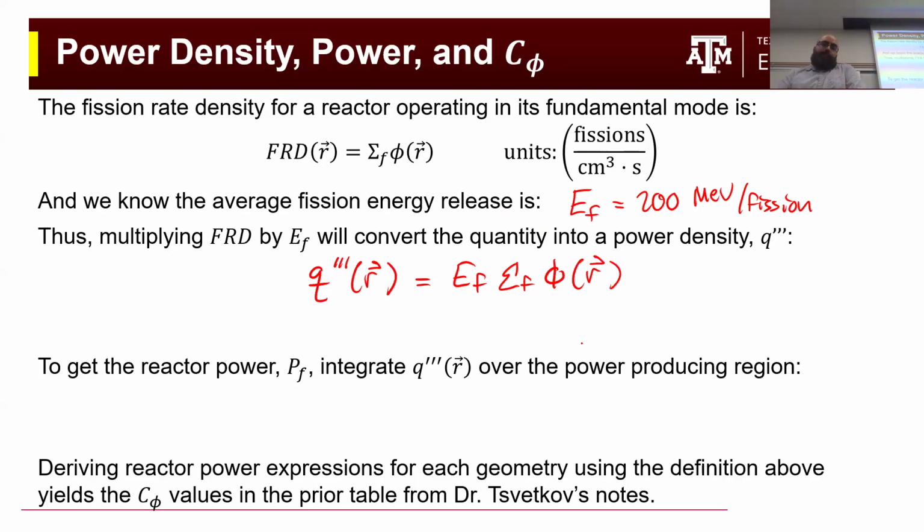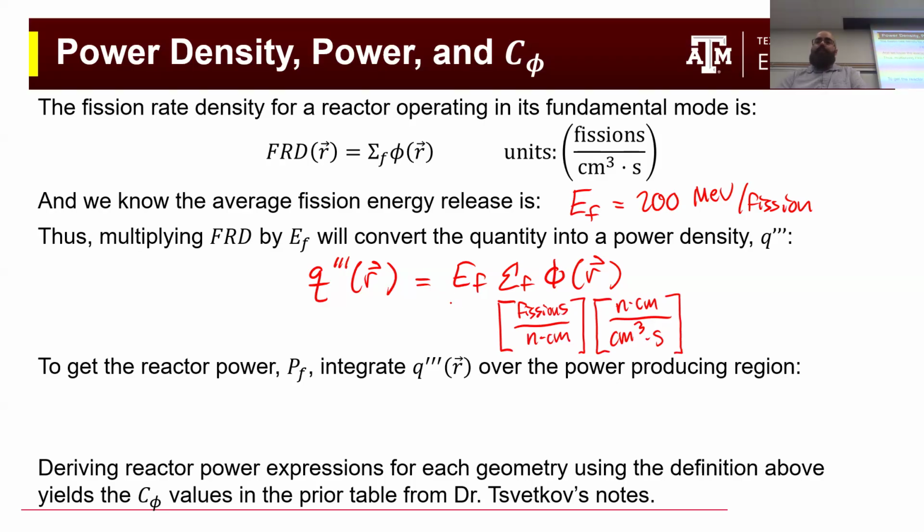And we can think about the units. The sigma F has units of fissions per neutron distance traveled. The scalar flux has units of neutron distance traveled per unit volume per unit time.